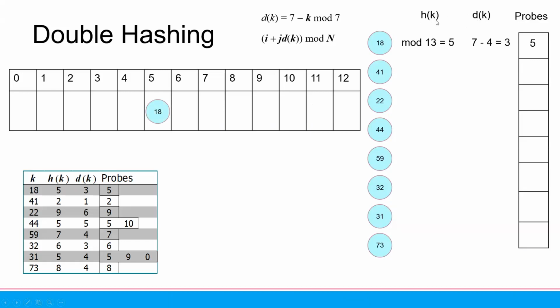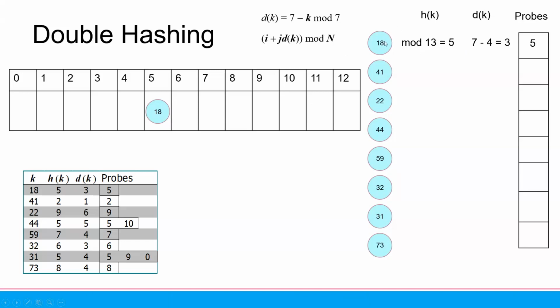The HK is the first function and DK is the secondary function. 18 mod 13 is 5, and then we have the DK. The DK is 7 minus K mod 7. So 7, which is the constant value, minus K.